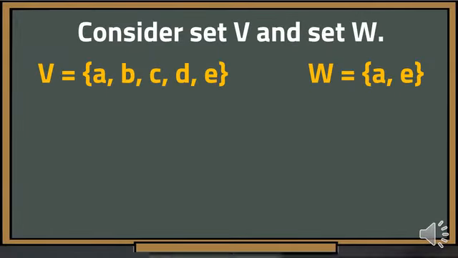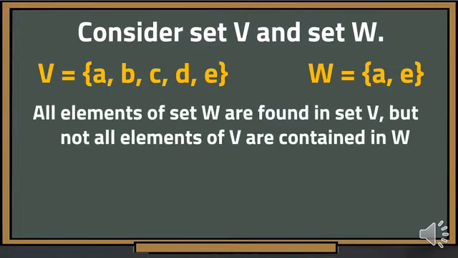Okay, let us consider set V and set W. Set V contains A, B, C, D, and E. W contains A and E. All elements of set W are found in set V, such as A and E. But not all elements of V are contained in W. Di ba?